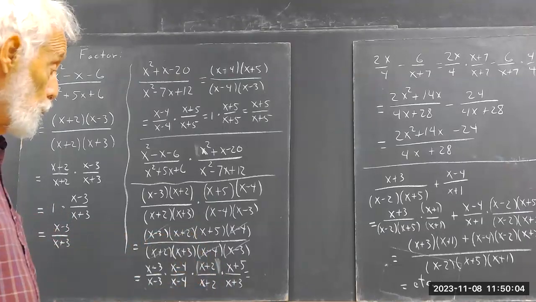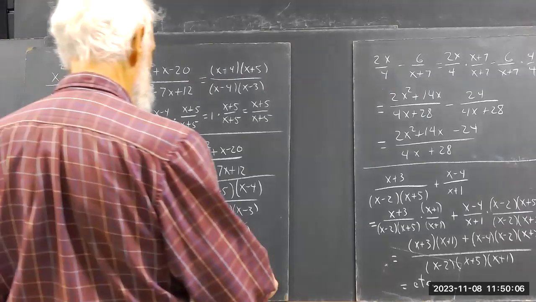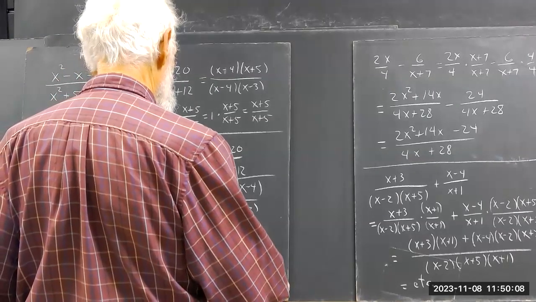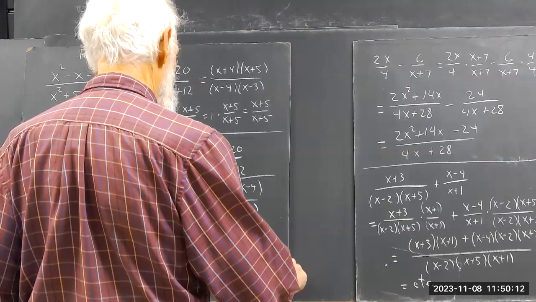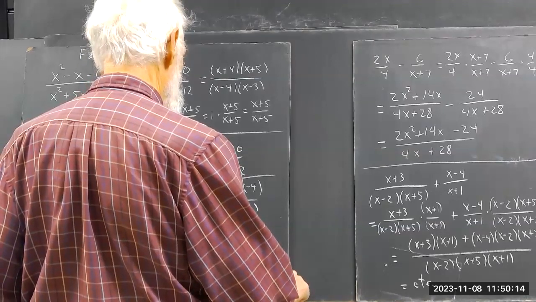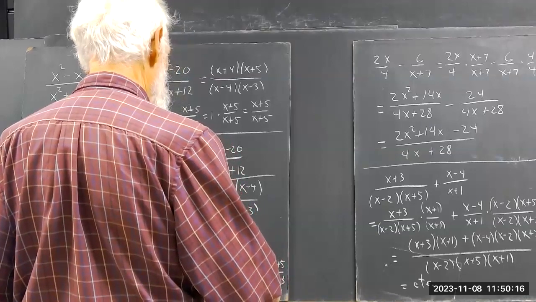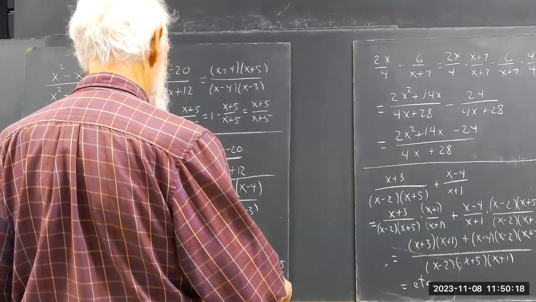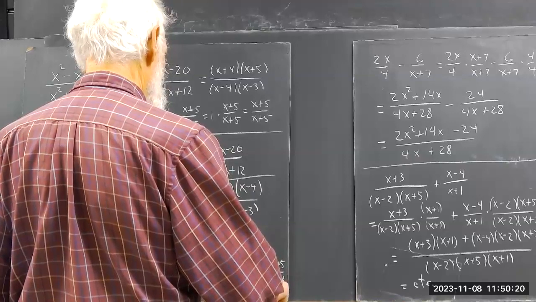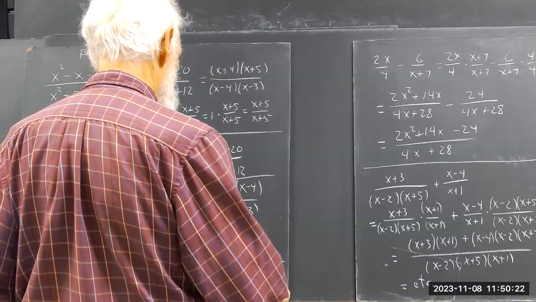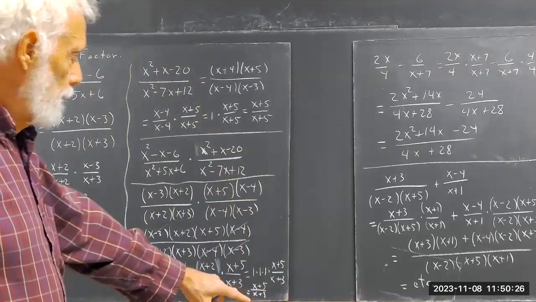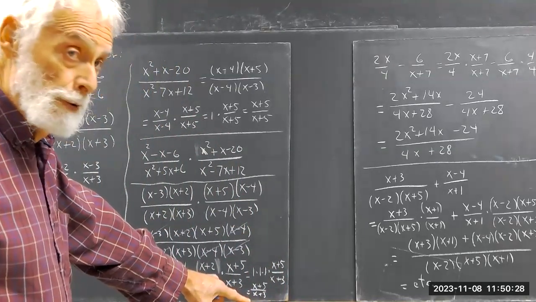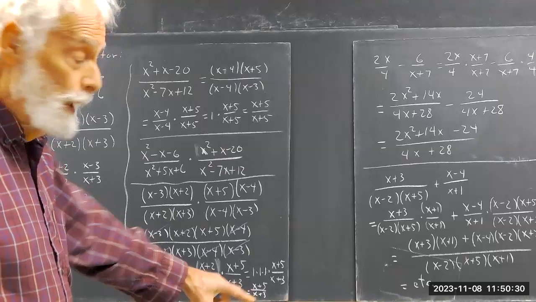So all these are 1. And we finally get x plus 5 over x plus 3.